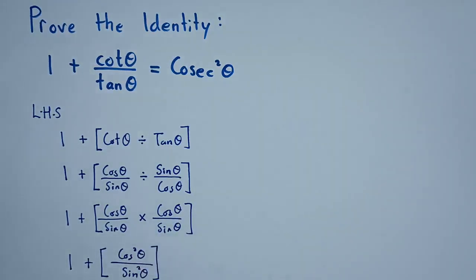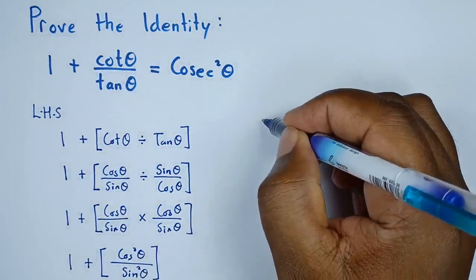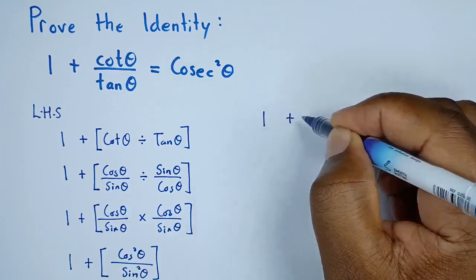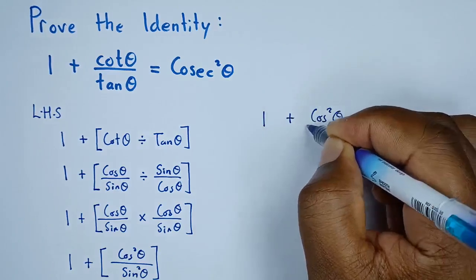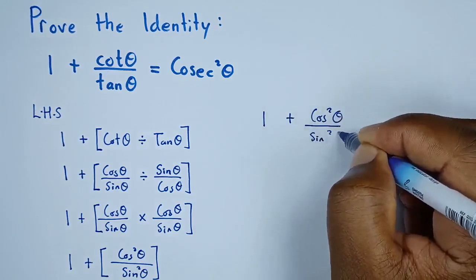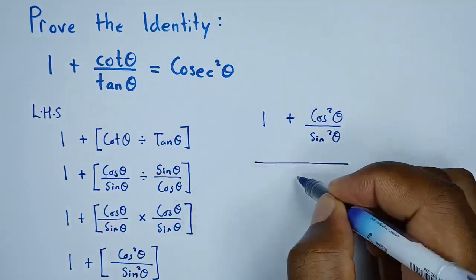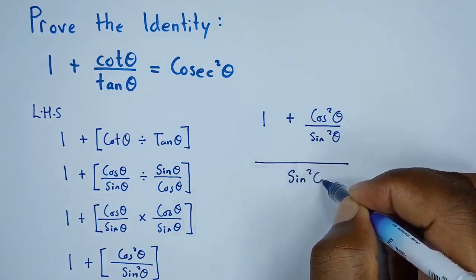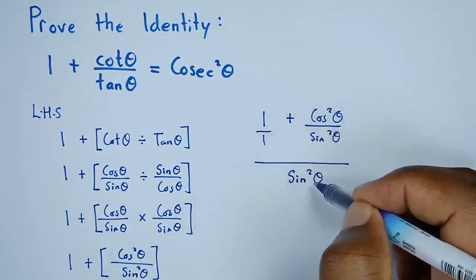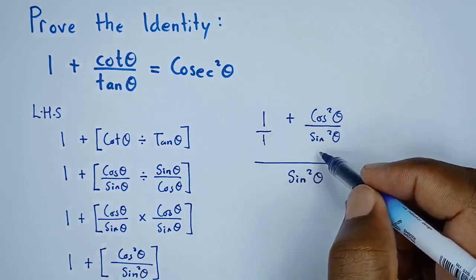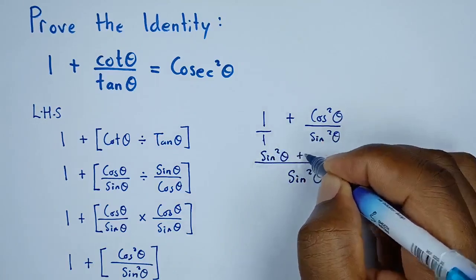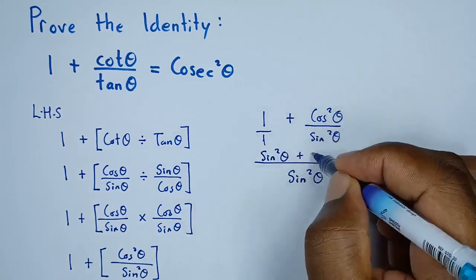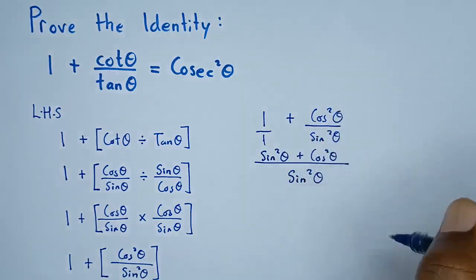Let's see how we can add these two. We have 1 plus cos square theta over sine square theta, so the LCM in this case will be sine square theta. 1 into sine square theta is sine square theta, plus this into this is 1 times cos, so we have cos square theta.